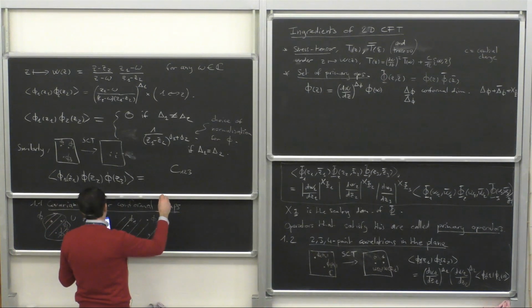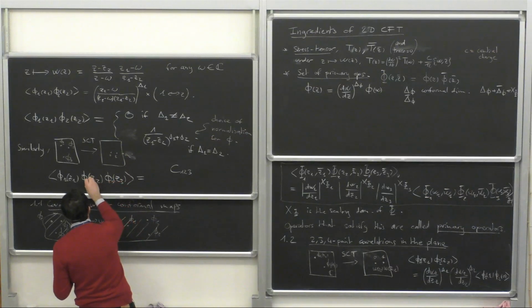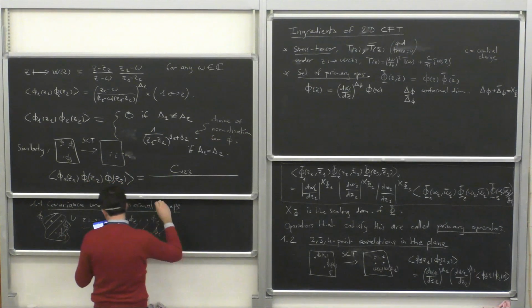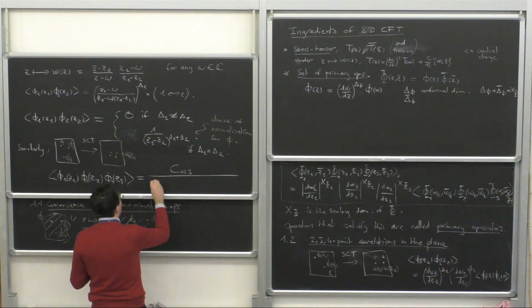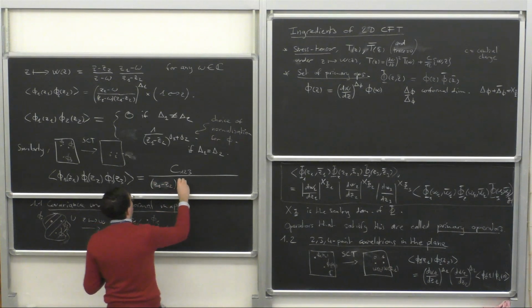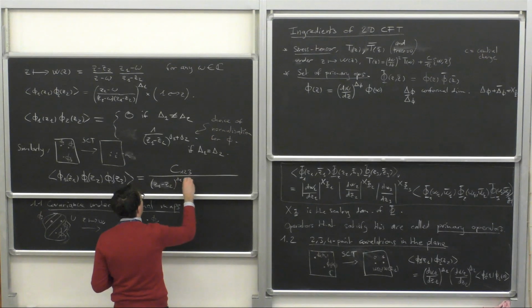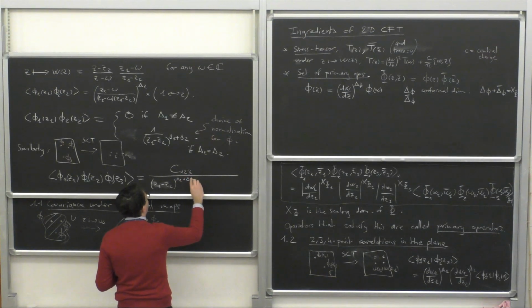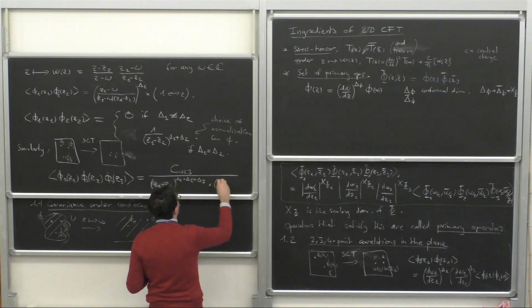So some constant that we'll call C phi1 phi2 phi3, and then this is divided by Z1 minus Z2 to the delta 1 plus delta 2 minus delta 3, times two terms that correspond to circular permutations of the indices 1, 2, and 3.